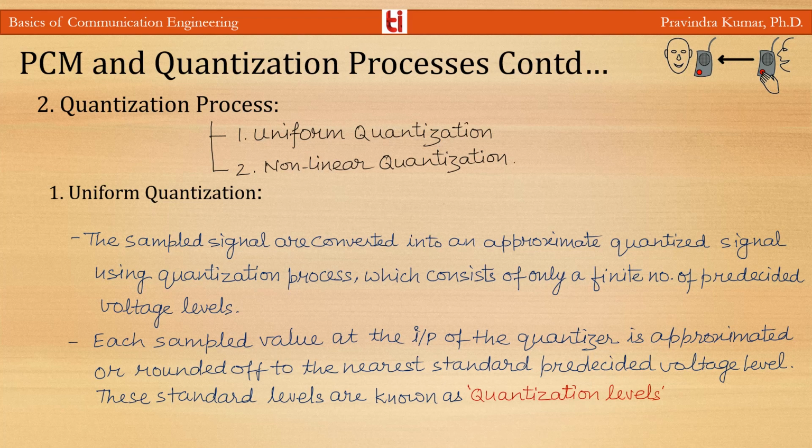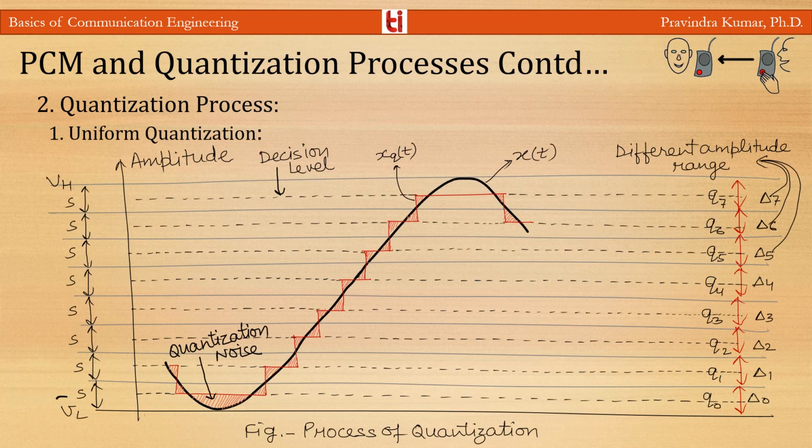These standard levels are known as quantization levels. Here in this figure you can see the input signal x(t) is assumed to have a peak to peak voltage from VL to VH, and this voltage range is divided into Q equal intervals, each of size S, and this S is known as the step size. So the step size will be (VH minus VL) by Q, and these have equal step size.